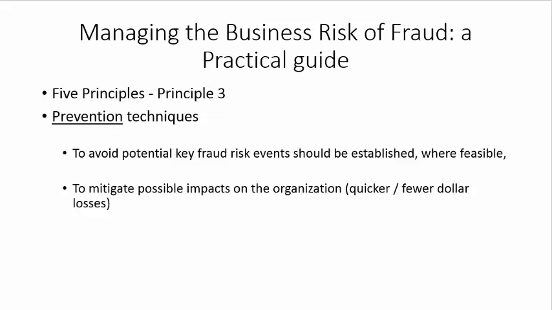Principle 3 deals with prevention. Prevention is one of the anti-fraud measures, including perception of the detection of fraud by auditors, internal or external, as well as deterrence techniques. Principle 3 states that prevention techniques should be developed to avoid potential key fraud risk events, and that these prevention techniques should be established where feasible to mitigate possible impacts on the organization.